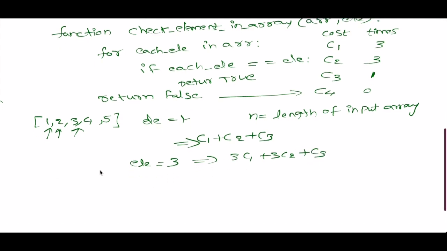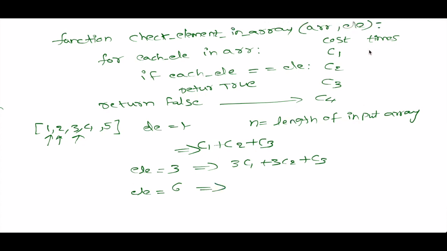So now let's say our element is, let's say 6. This actually runs for 5, because since our element is not found here, it will run for the whole array. And this also 5, but this will not even come, right? Because our element is not found.